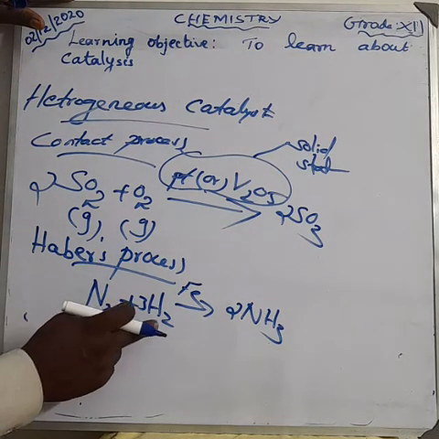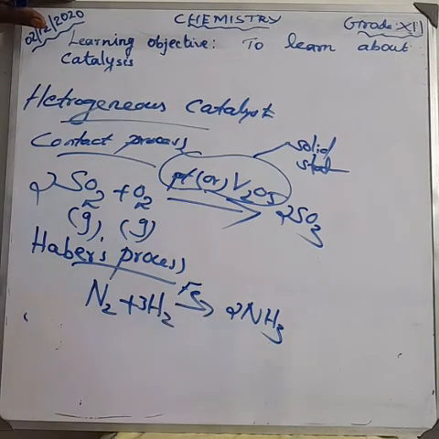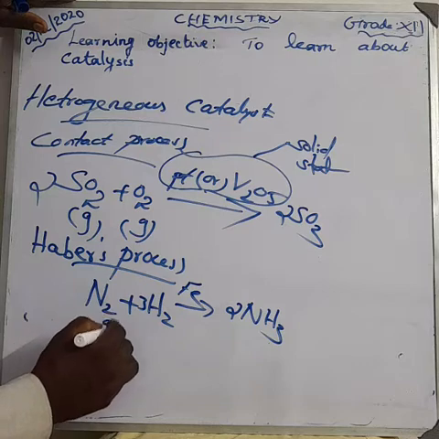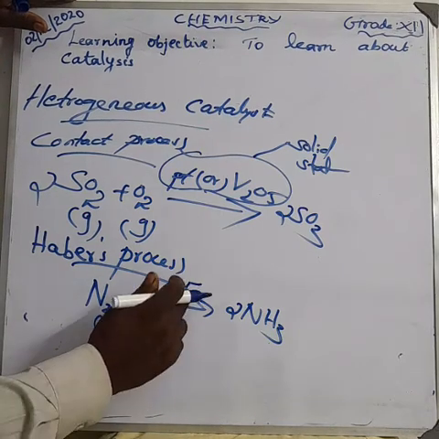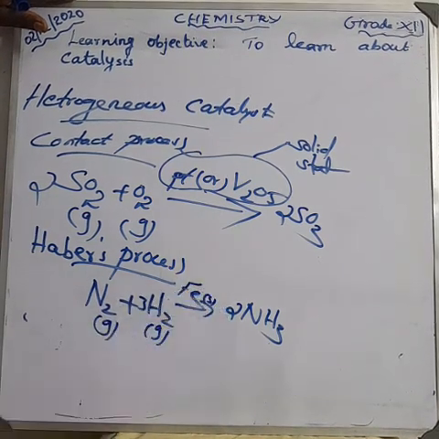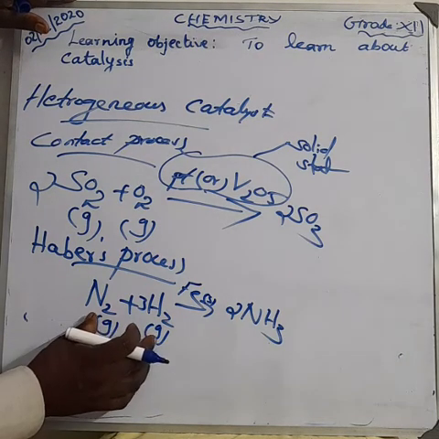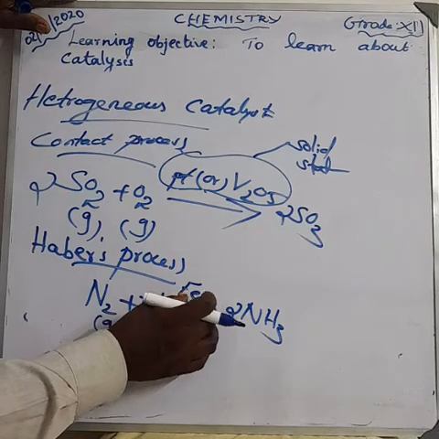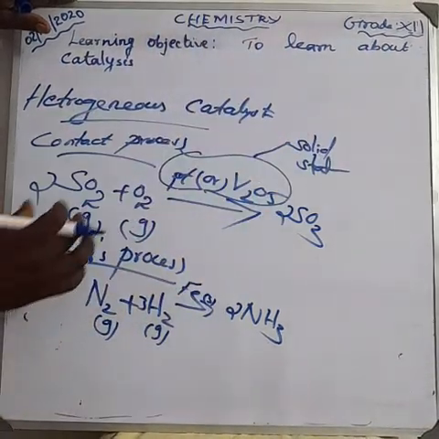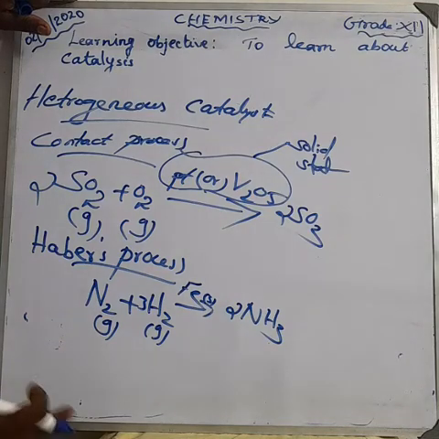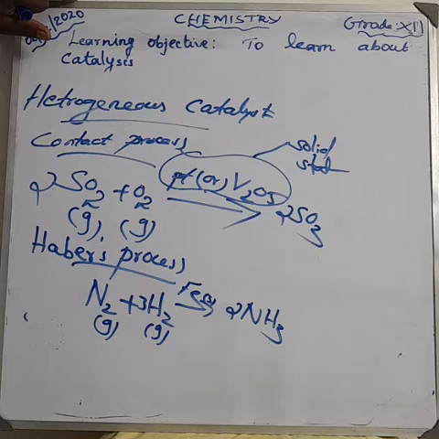Nitrogen reacts with hydrogen to form ammonia. Here nitrogen and hydrogen are in the gaseous state. Fe is solid. So this is an example where the reactant and the catalyst are in different phases. Here it is called a heterogeneous catalyst.